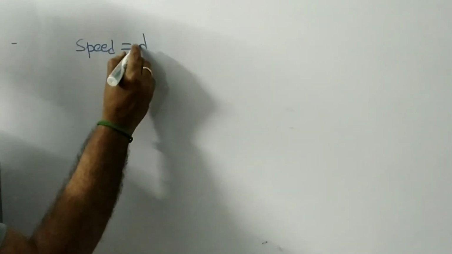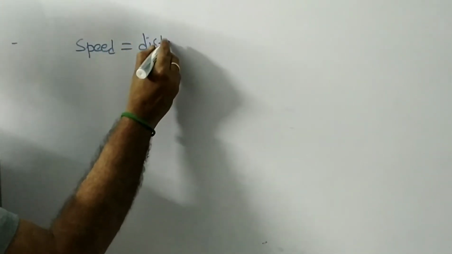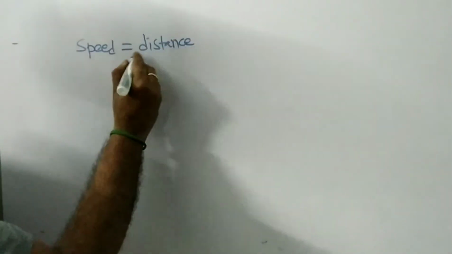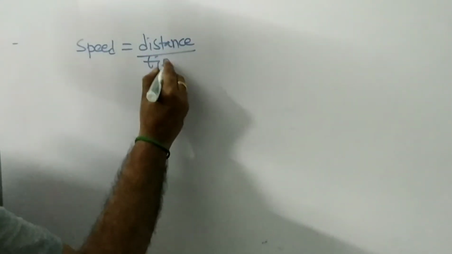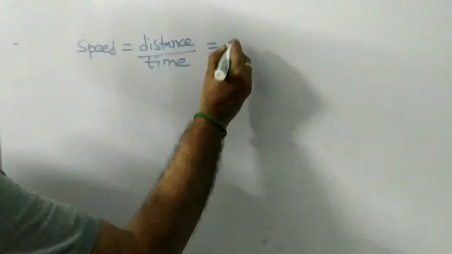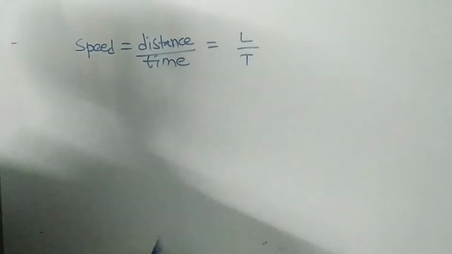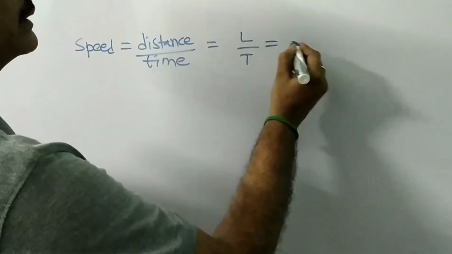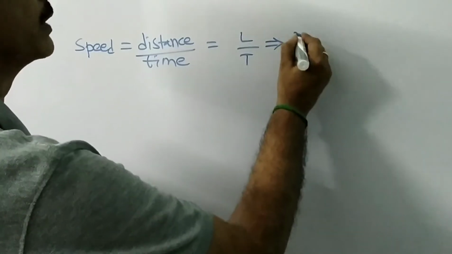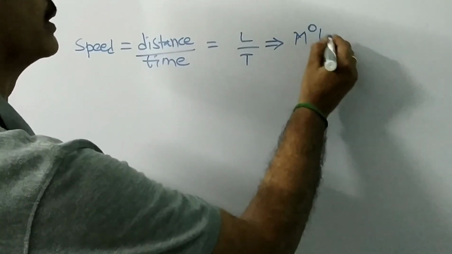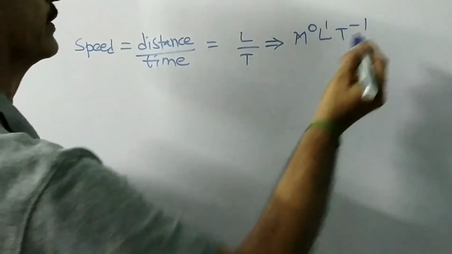Not only this, you can write any dimensional formula. For example, speed is equal to distance by time. Distance is L, time is T. So we can write the dimensional formula as M to the power of 0, L to the power of 1, T power minus 1.